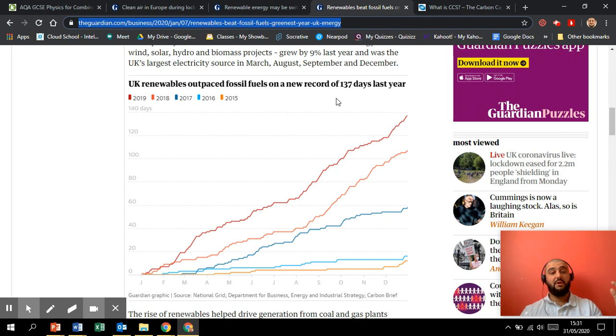But one of the things we looked at in previous lessons is that they're not terribly reliable. We rely on the fact that it has to be windy in order to generate any power on a wind farm. It has to be sunny in order for the solar panels to generate any electricity as well. And obviously, that comes and goes. But for 137 days in 2019, we generated the majority.